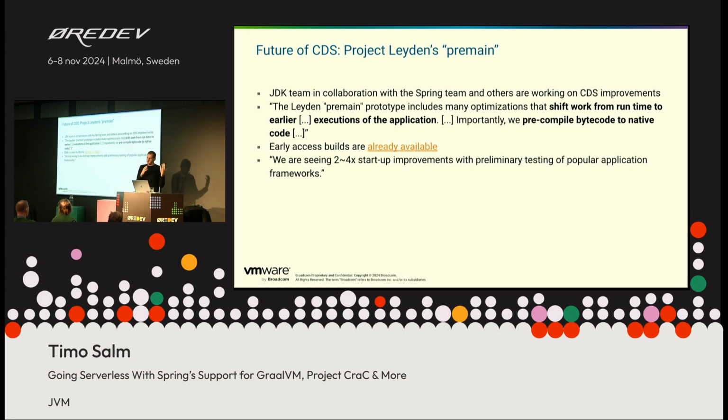It's using ahead-of-time compilation plus the CDS mechanisms to get those benefits. As I said, it's still in preview, but the Spring team is seeing 2 to 4 times improvements compared to the standard one. So a little bit more than what you saw now, out of the box with just a JDK. That's an official JDK project.